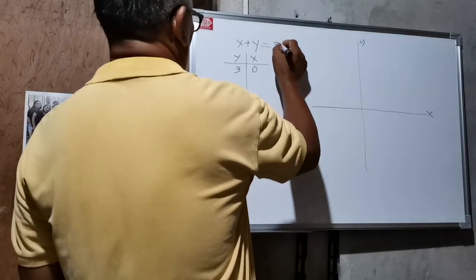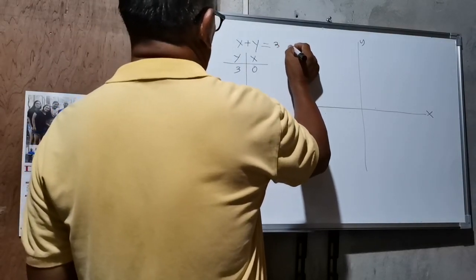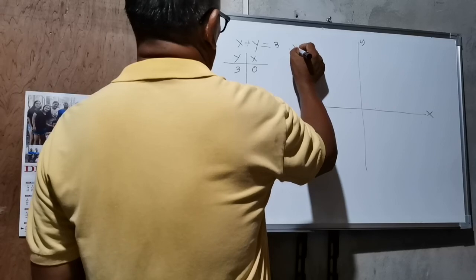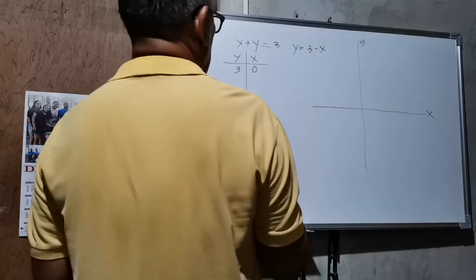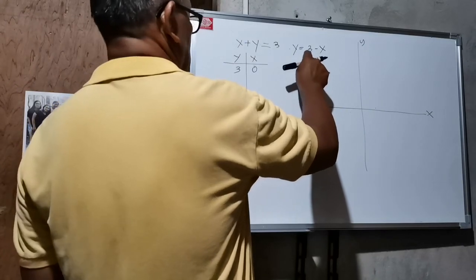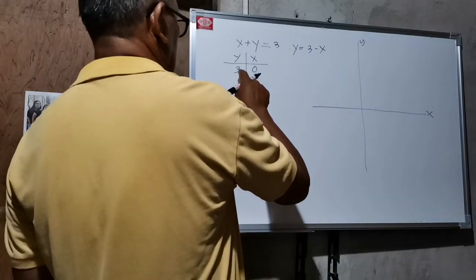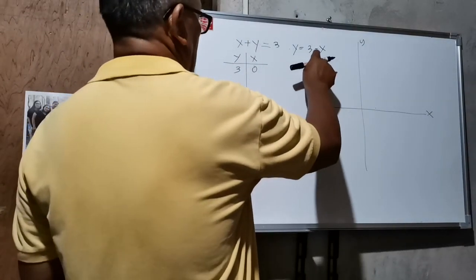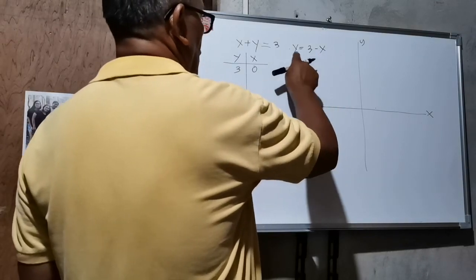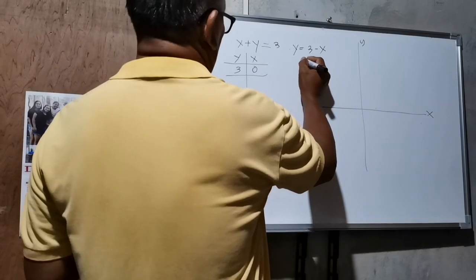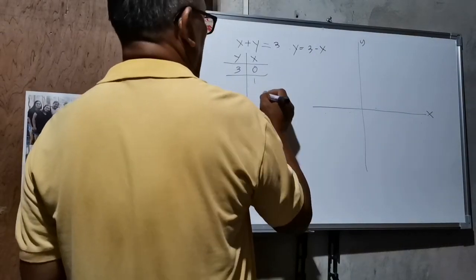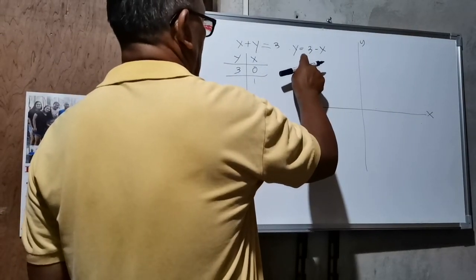And we are going to simplify this equation further, solving for y. y is equal to 3 minus x. We are going to use this equation in tabulating the value of x and y. If x is 0, y is 3. The next point is if x is 1, using this formula.